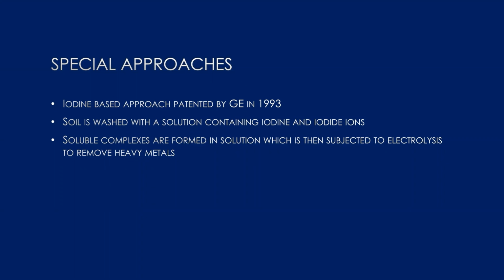The iodine species react with the soil contaminants by forming soluble complexes, which are withheld in the complexing solution. This solution is then subjected to electrolysis to recover the heavy metals. A downside to this process is that it requires a significant consumption of chemical reagents since the complexing solution contains a high concentration of iodines and iodides.